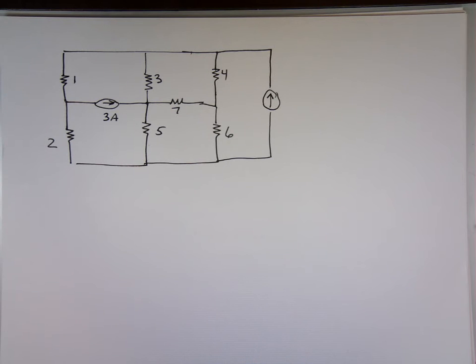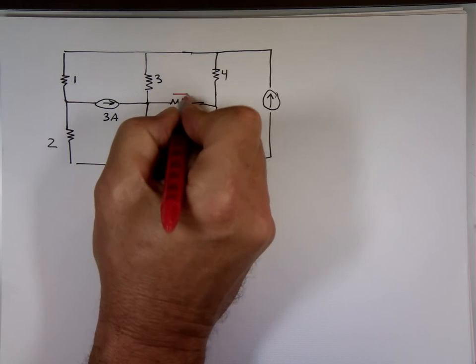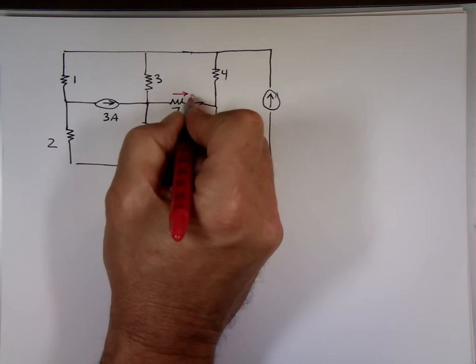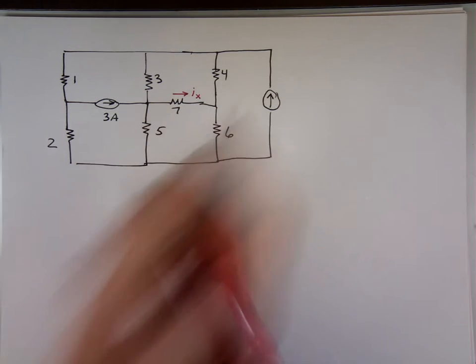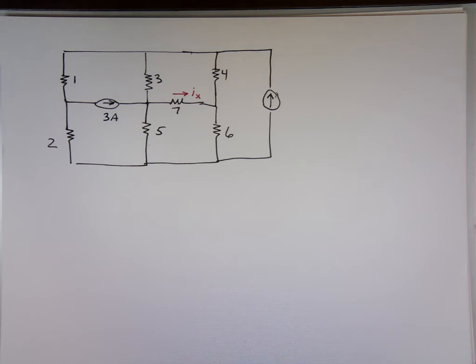Okay, and let's pick something to solve for. Let's say I want to solve for this current. Find I sub x. And again, I'm trying to decide which method for me will be better.